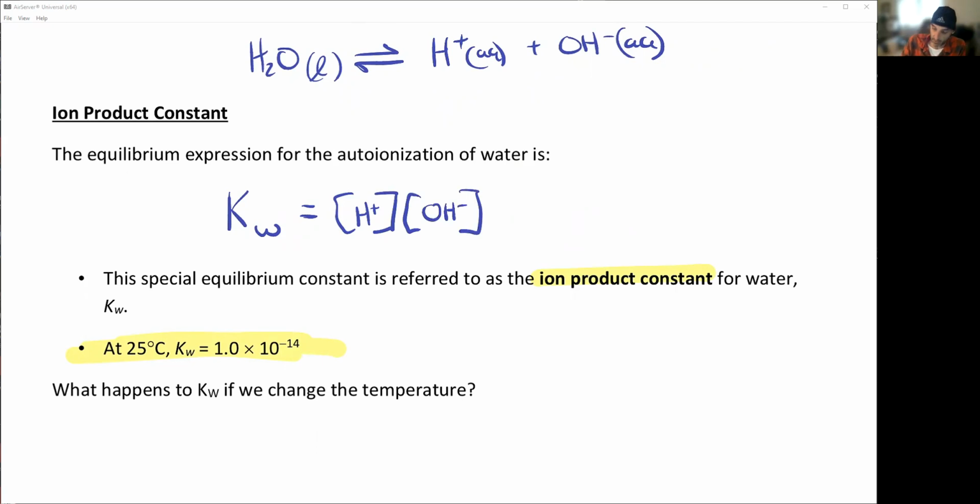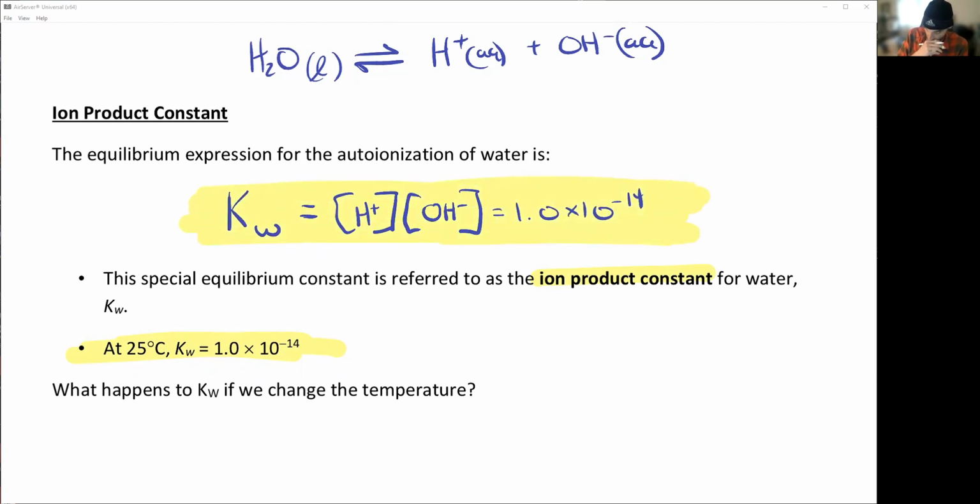The reactants are liquid, so we are not going to include those. That's it. This is the ion product of water, 1 times 10 to the negative 14. This is an important equation, so you should know this one. This does get provided, I believe, but you should know this.